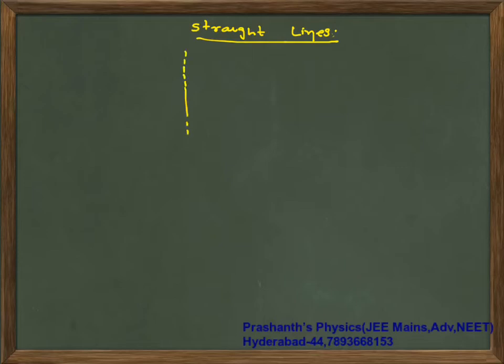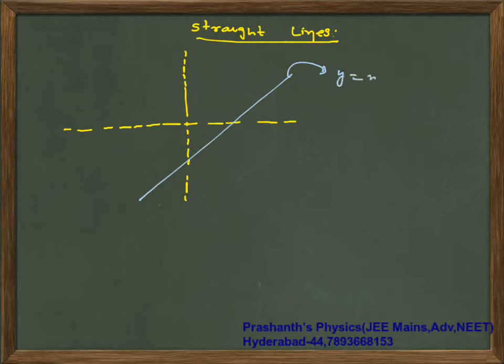In straight lines, first remember, if you take a graph like this, your straight line will be somewhat like this, and your line equation is y equal to mx plus c. Now if this angle is theta, here m is called slope.